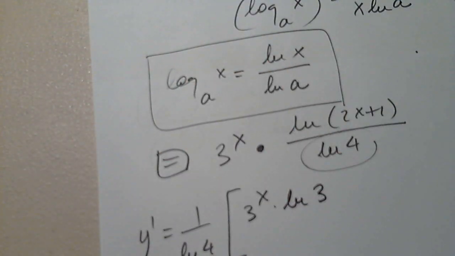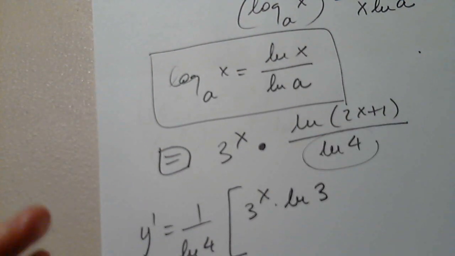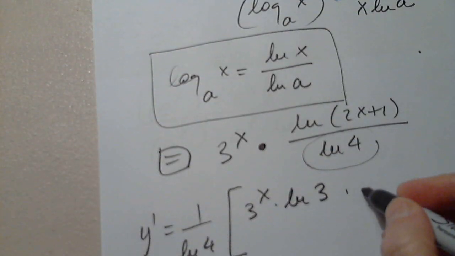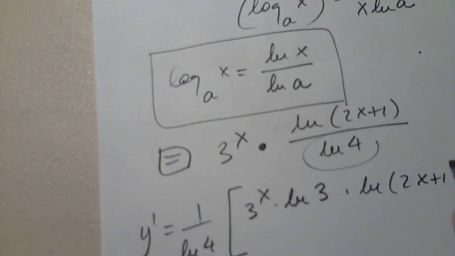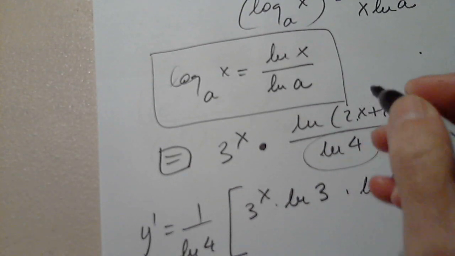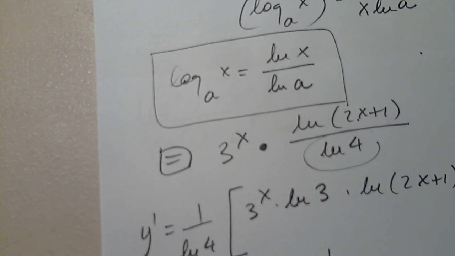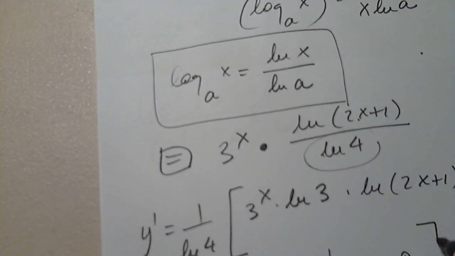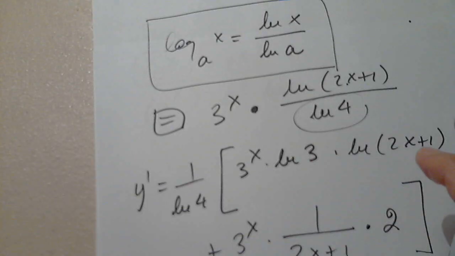No, I will not test you on this because we haven't discussed this, but since we started this problem, let's finish it. So the first function prime times the second function plus the first function times the second function prime, which is 1 over 2x plus 1 times the inner function prime, which is 2. And you can leave it as is.